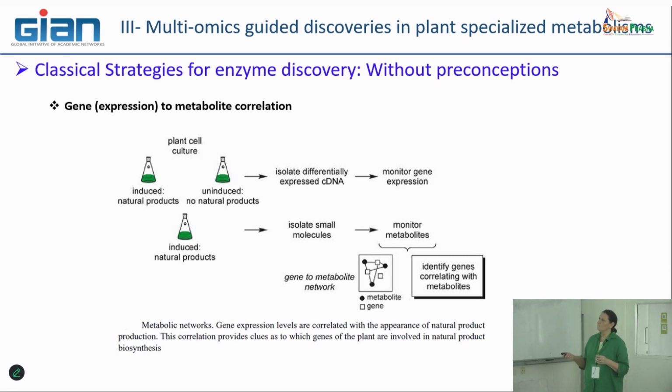So in this way, you can do two types of analysis. The first analysis is to isolate the transcriptome of the cells that produce the natural product and the transcriptome of the cells that do not produce it. And after, you make what we call a differential display of the expression of the cDNA in both examples.